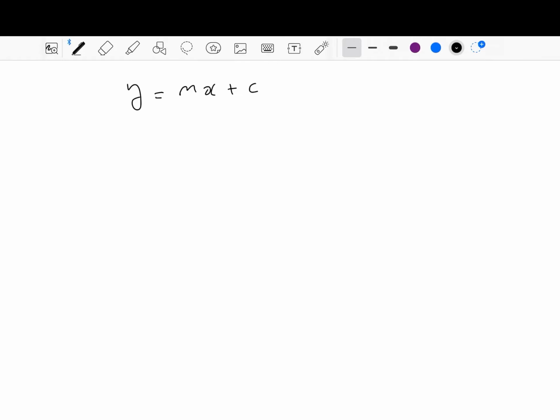Because all of these letters mean something in a real problem, right? So y is a dependent variable. So y is a variable that is dependent on this independent variable.